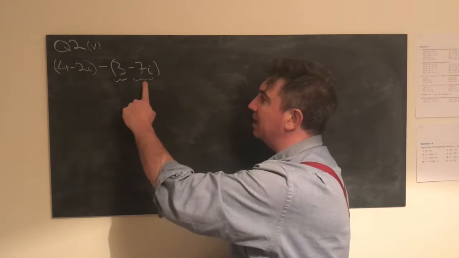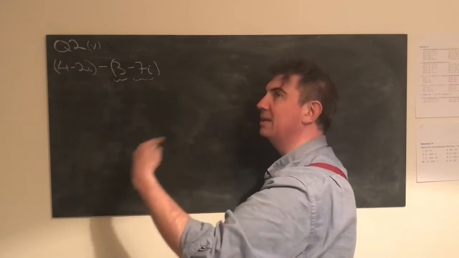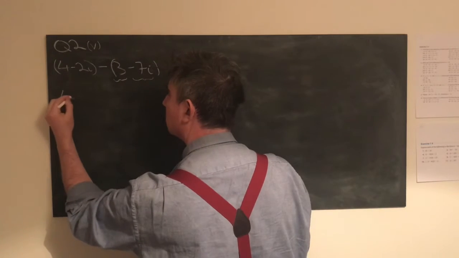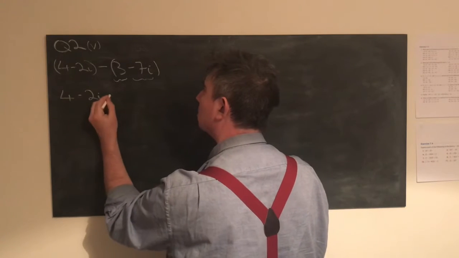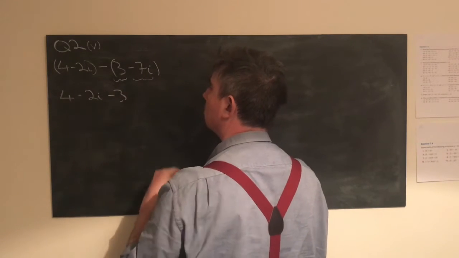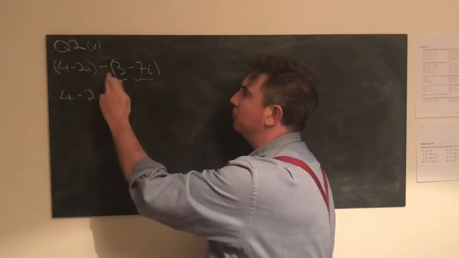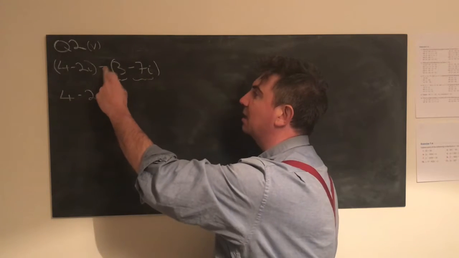So when I take away negative 7i, what am I actually doing? I'm taking away a negative. What's going on there? Good. So I have a minus and a minus 7i. So I'm taking a taking.